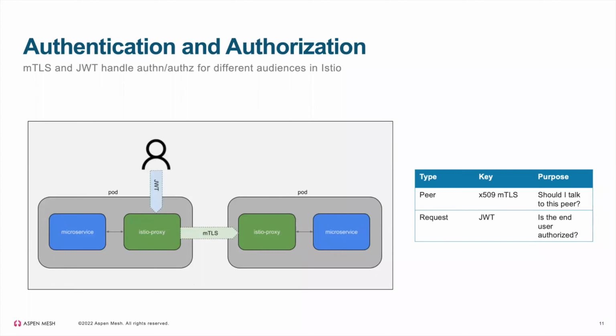And then it'll actually propagate that JOT token with requests to other systems as in the header. So JOT is really intended to be for end users to authenticate and be authorized for requests into the system. And again, mTLS is meant to be the auth mechanisms between pods within the system.